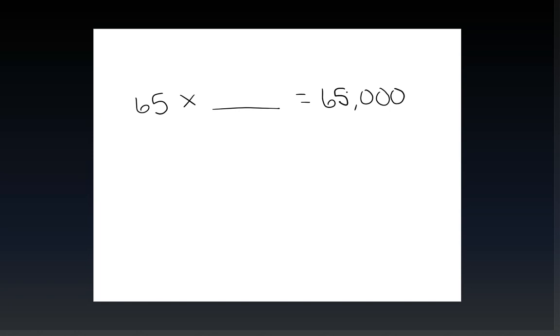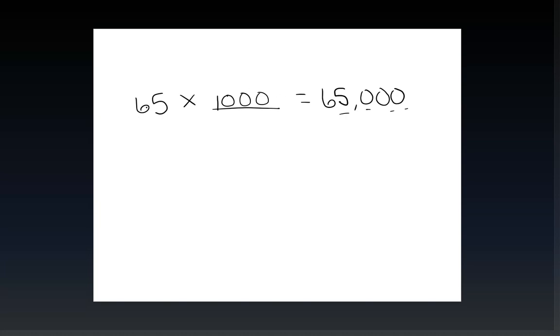Well, I know now, looking at the problems we just practiced, that at first I have a 1 in the beginning because my original number did not change. So I know it has to start with a 1. And then there were no zeros on it before. Now there's 1, 2, 3 zeros. So to get from 65 to 65,000, I multiplied 65 times 1,000.